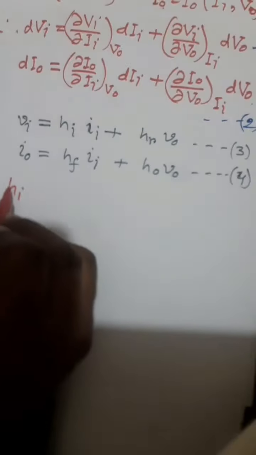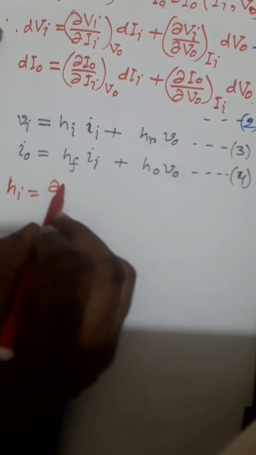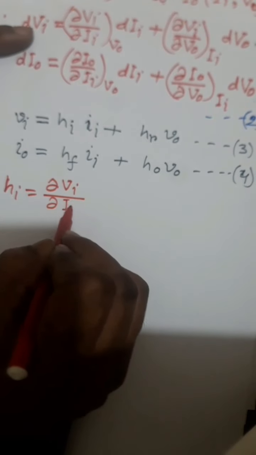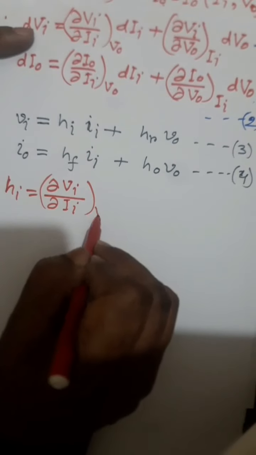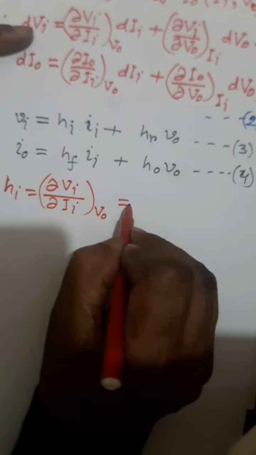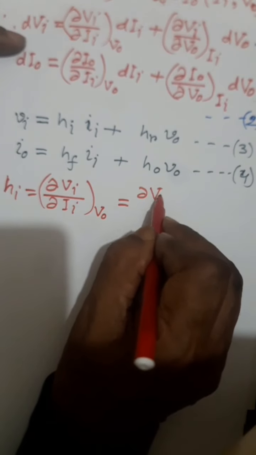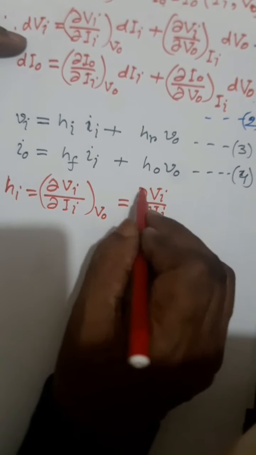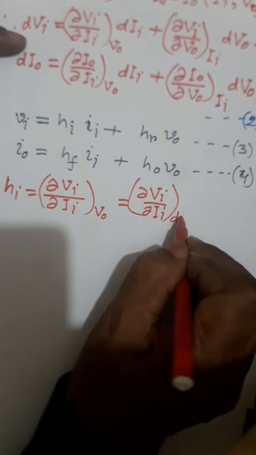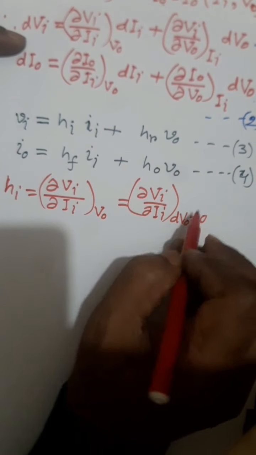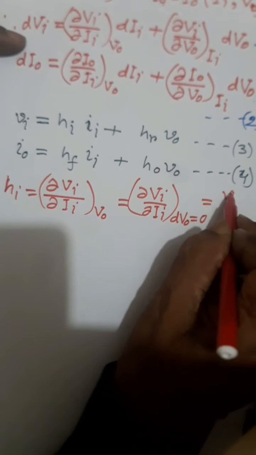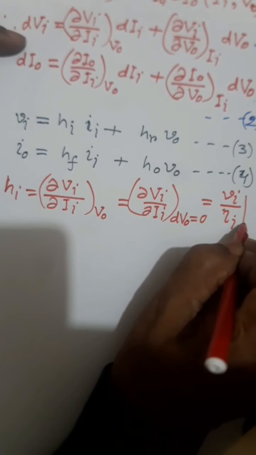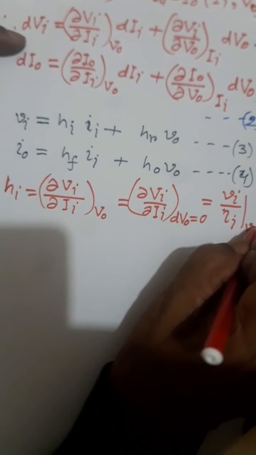Hi equal to del Vi by del Ii at constant Vo, that is del Vi by del Ii at dVo equal to 0, which is Vi by Ii with output voltage Vo equal to 0.